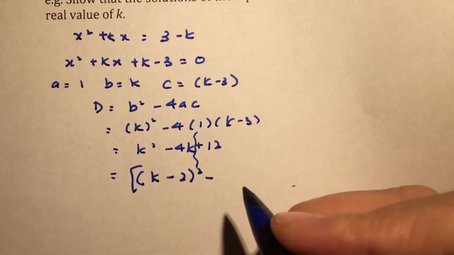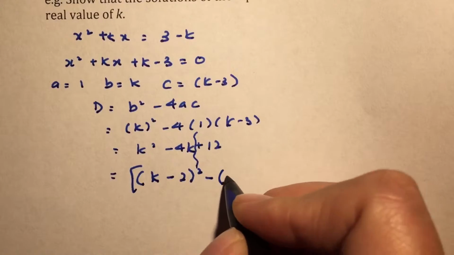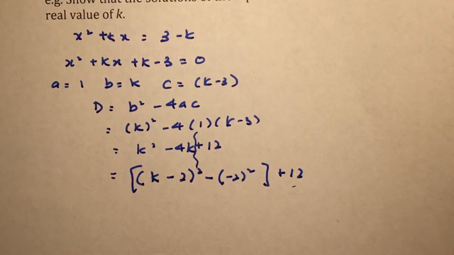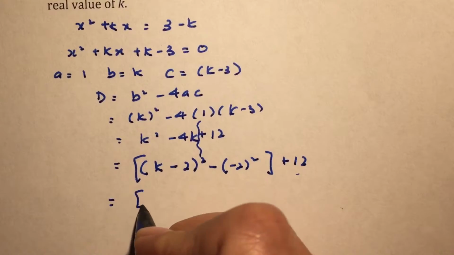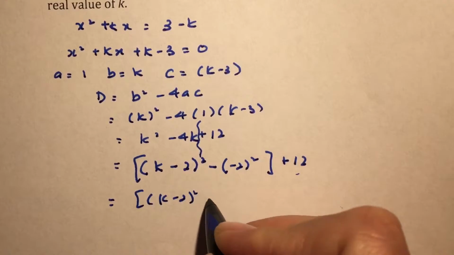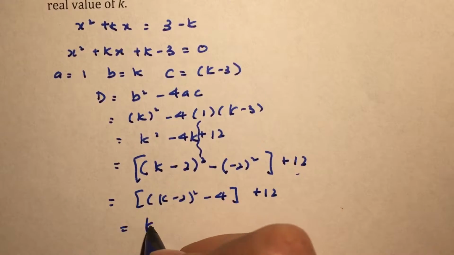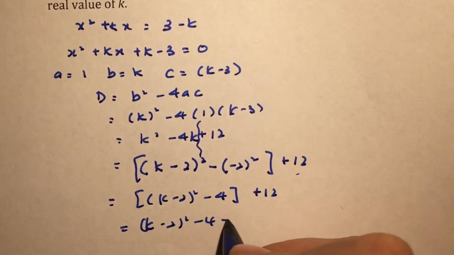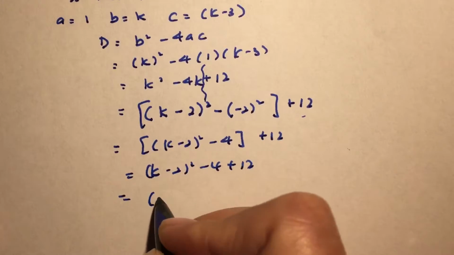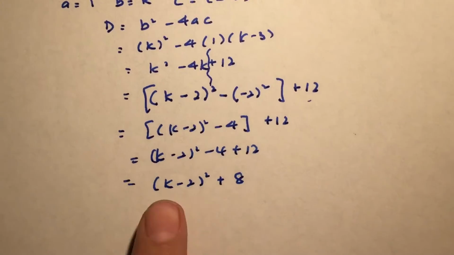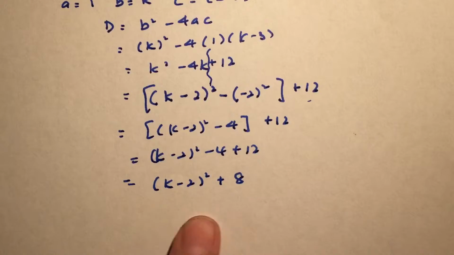And there was a gap that we had to plug, so this was actually negative 2 squared. And the plus 12 was from the earlier part. So we have k minus 2 squared minus 4, and we'll have k minus 2 squared minus 4 plus 12. And we'll be able to have k minus 2 squared plus 8. Alright, so this is in the completed square form.